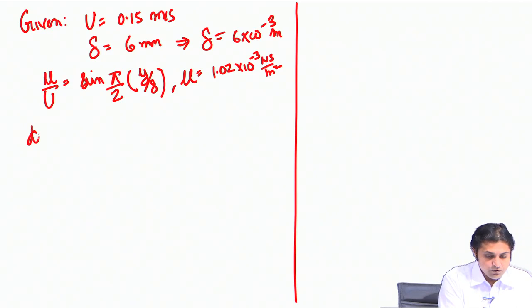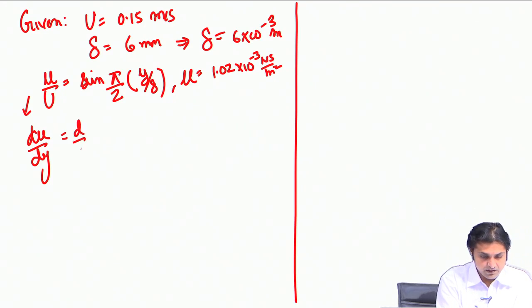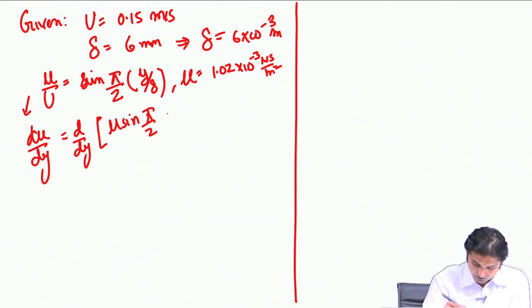So, now we do du by dy, for example, right, that gives us d by dy of capital U sine pi by 2 y by delta.